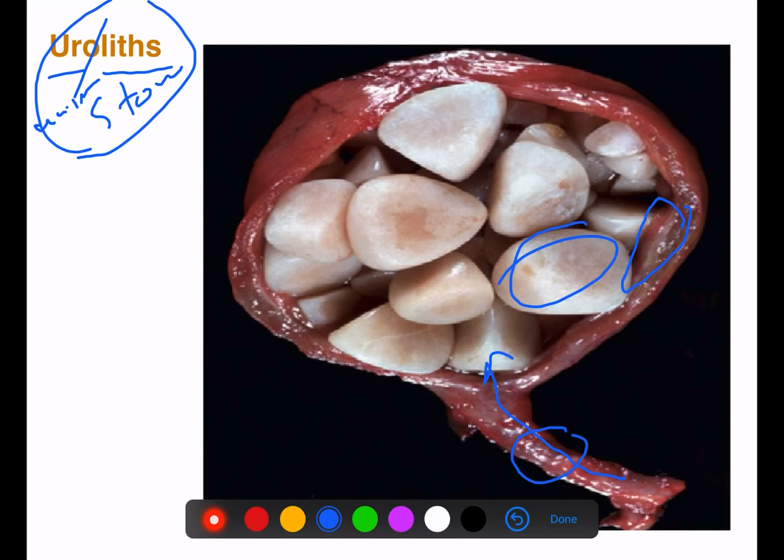This stone may be lodged, as we say, in the urethra and cause a big problem, causing urolithiasis. The urethra suffers from two problems.